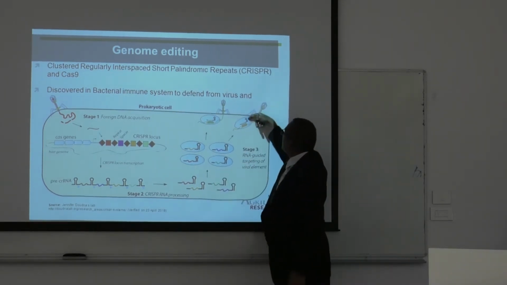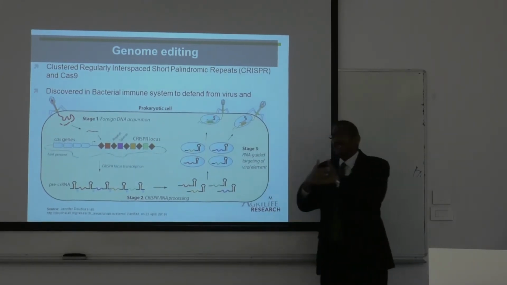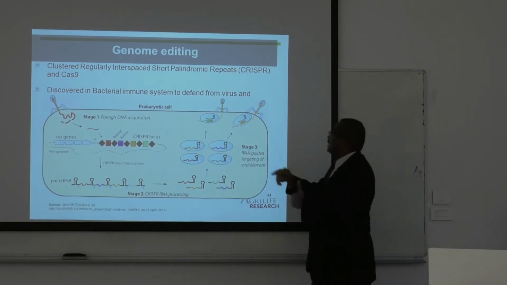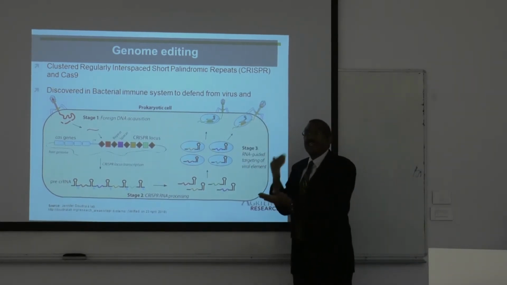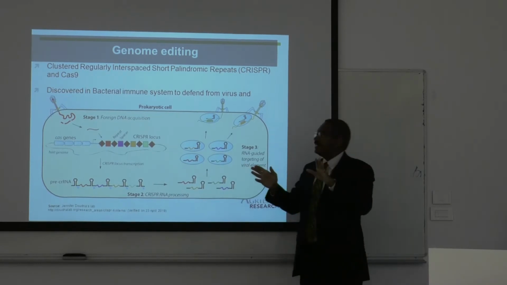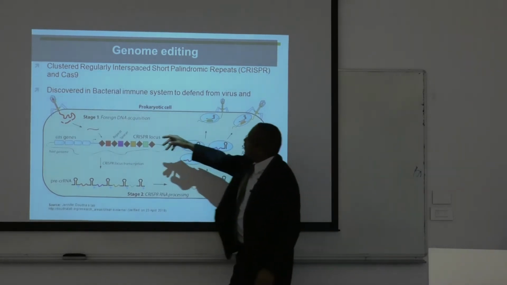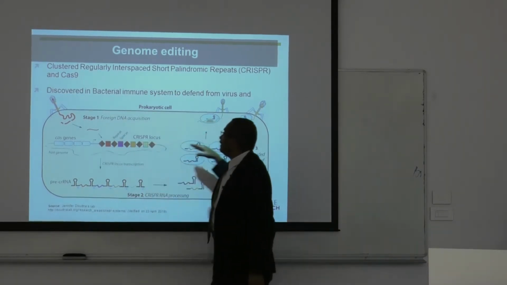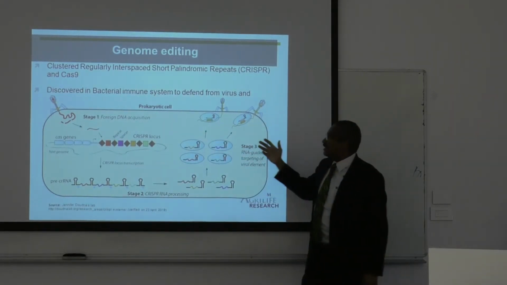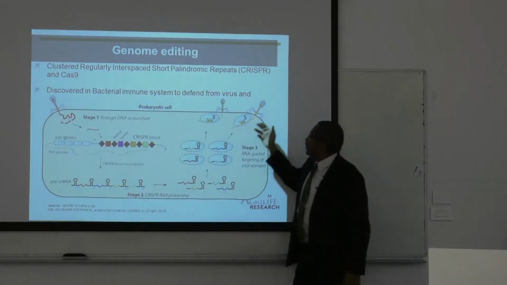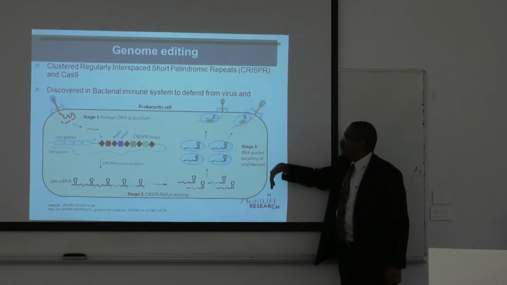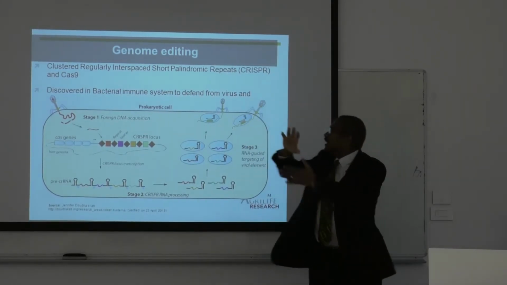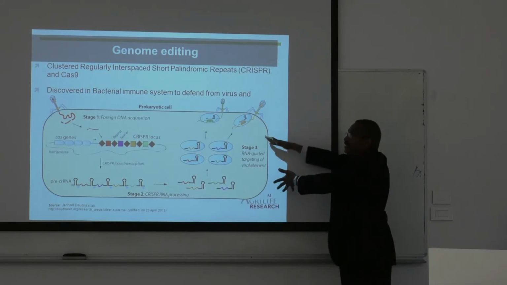So it finds the virus by complementarity, the sequence pairing happens, and then the Cas9 protein cuts the virus and kills it. Okay, so it becomes part of those repeat sequences, spacer sequences. They become part of the bacterial DNA sequence. So when a new phage comes in the future, it is easily killed by the bacteria. So the technology has been taken from that bacteria.